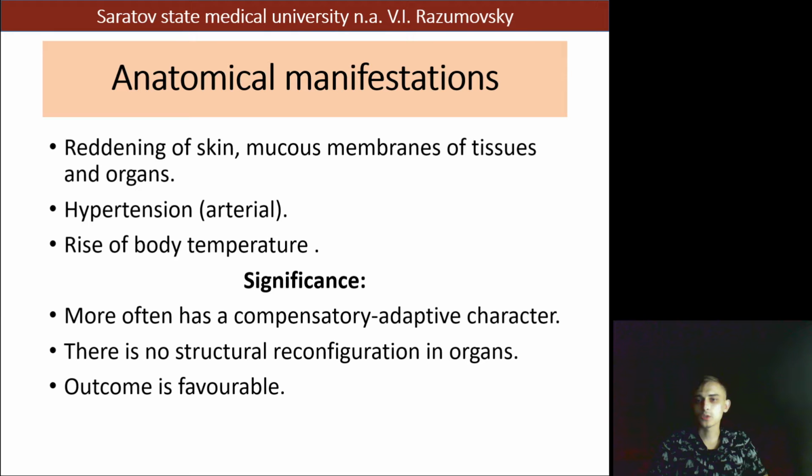Anatomical manifestation of arterial hyperemia will be associated with reddened skin, mucous membranes of tissues and organs, arterial hypertension, rise of blood temperature. Significance of hyperemia more often has a compensatory adaptive character. There is no structural reorganization of organ. Outcome is favorable.